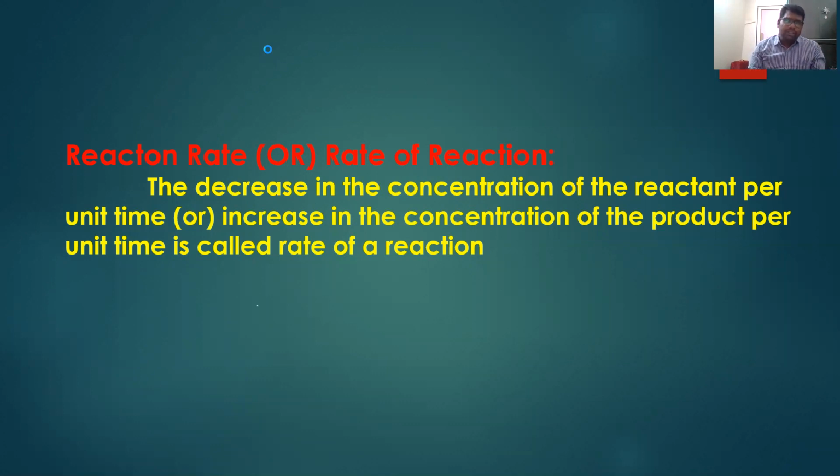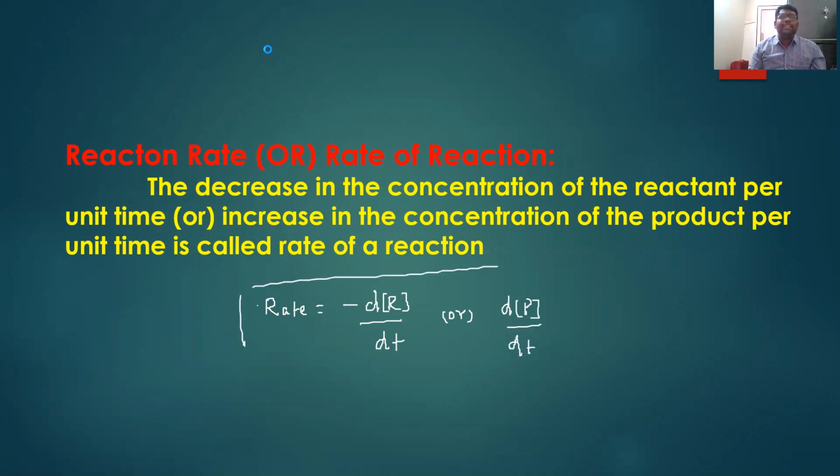For example, the rate means R. Rate is equal to the decrease in the concentration of reactant per unit time, denoted by minus d[R]/dt. The minus indicates decrease in the concentration of reactant, or increase in the concentration of product, d[P]/dt. So this is the reaction rate or rate of reaction.